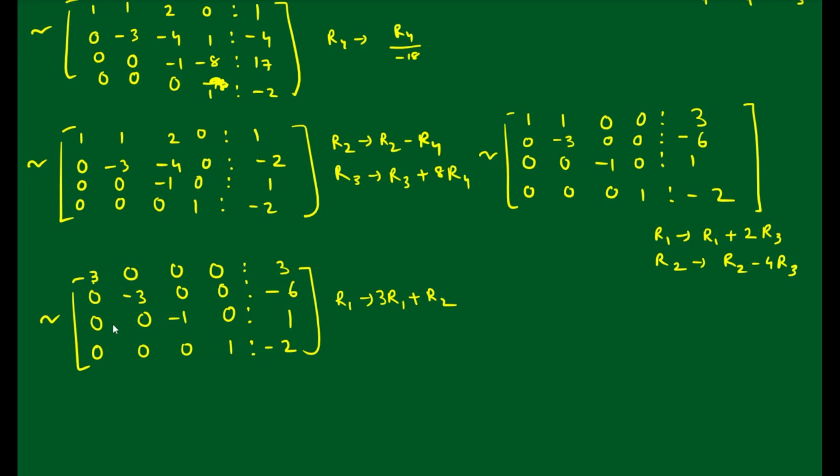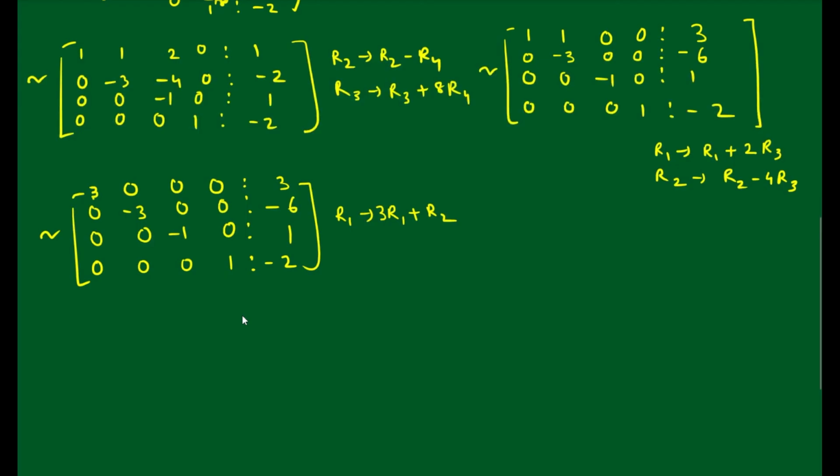Row 1 को 3 से divide करना है. Row 2 को -3 से divide करना है. Then we'll divide row 3 by -1. So let us do this. So it will be 1, 0, 0, 0, 1, 0, 1, 0, 0.